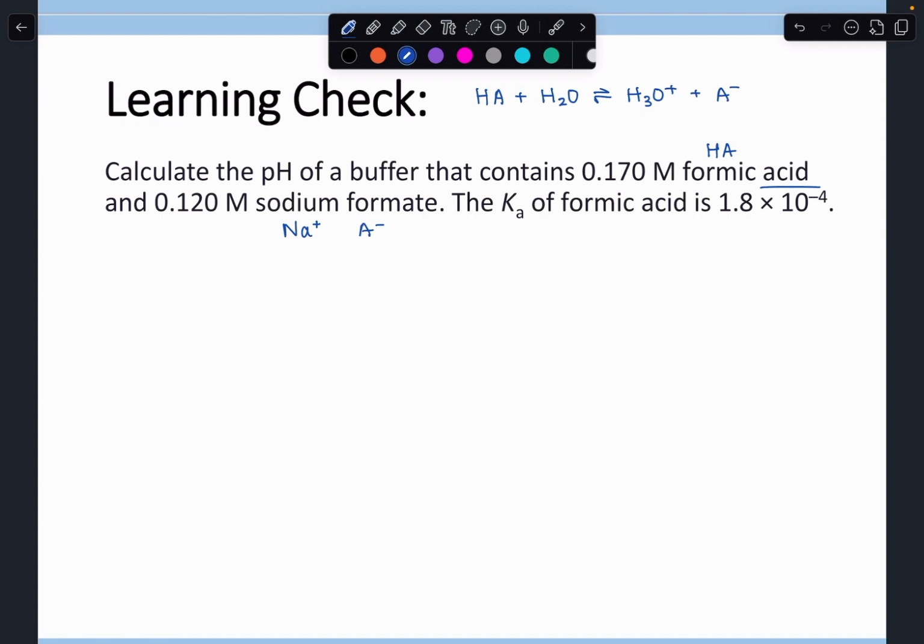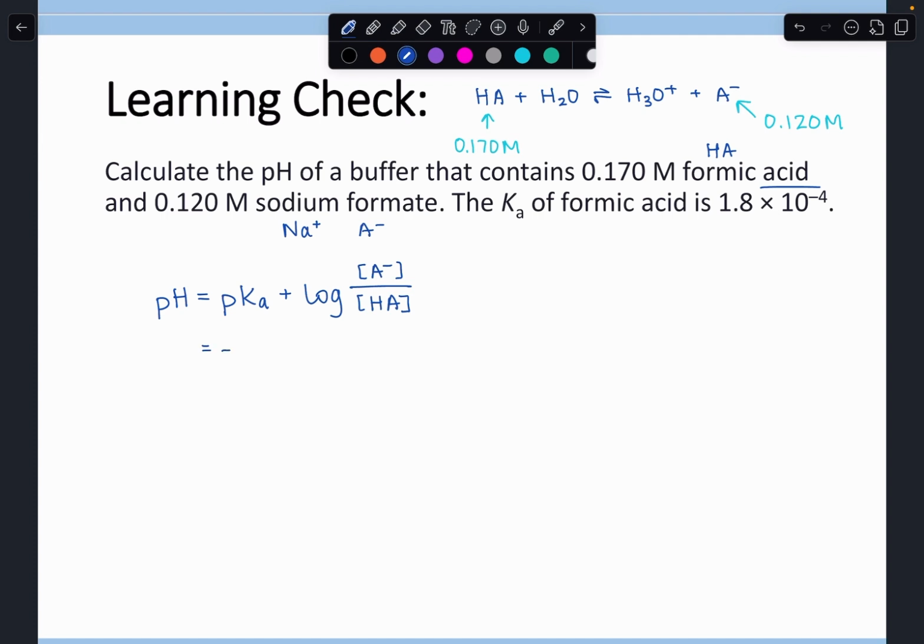So we know there is 0.170 molar HA and 0.120 molar A minus. So using the Henderson-Hasselbalch equation, we have pH equals pKa plus the log of the ratio of conjugate base to acid concentrations.